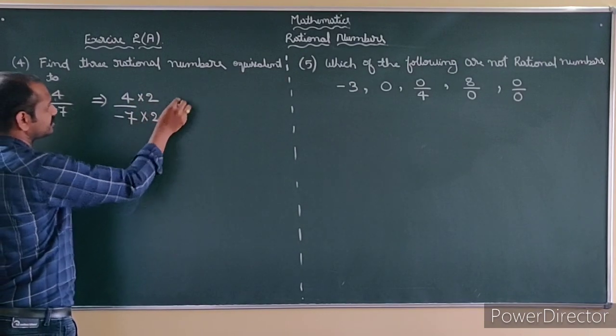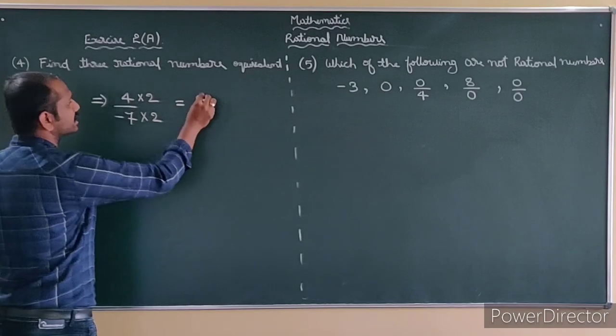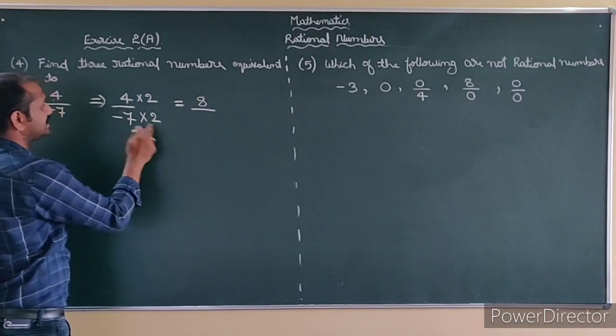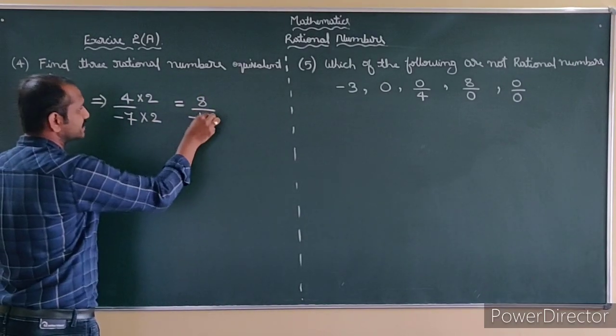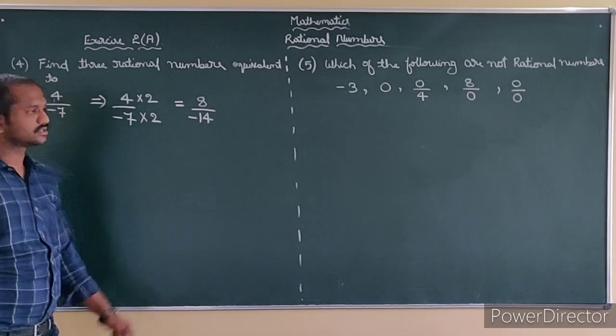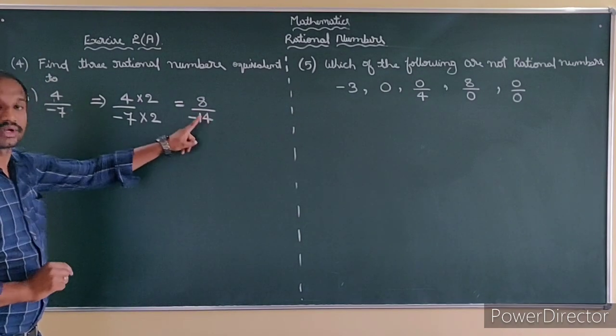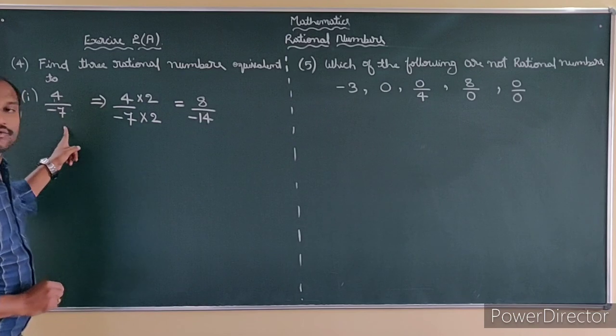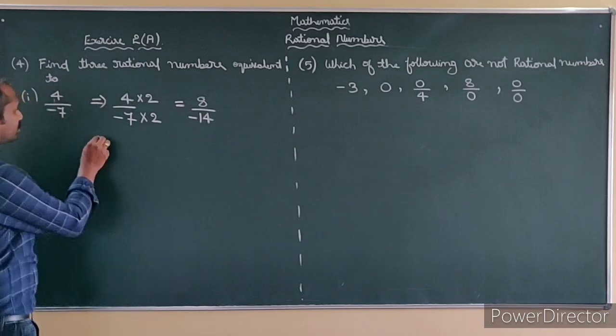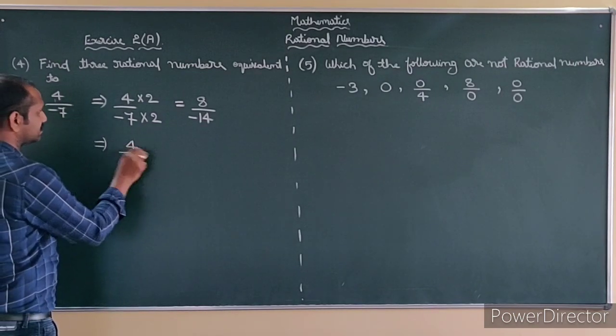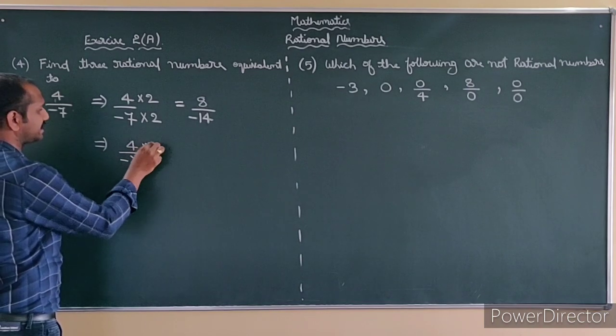Understand? So we get 4 2s are 8, by 7 2s are 14. Since there is a minus sign, it is 8 by minus 14. So we got one rational number which is equivalent to 4 by minus 7. Next, one more. Write again the rational number multiplied by 3.